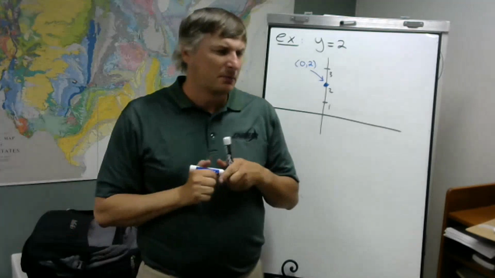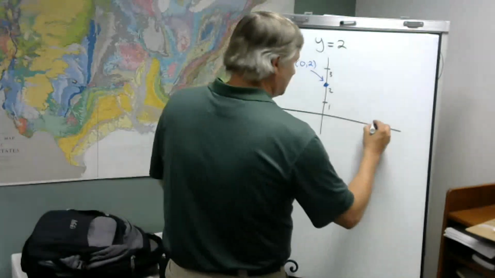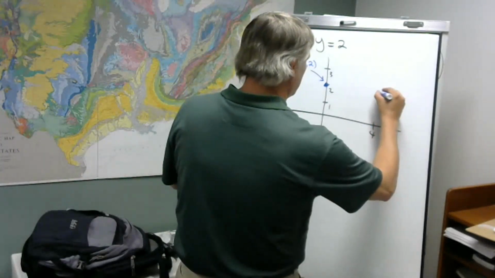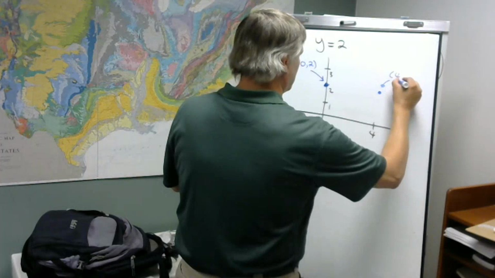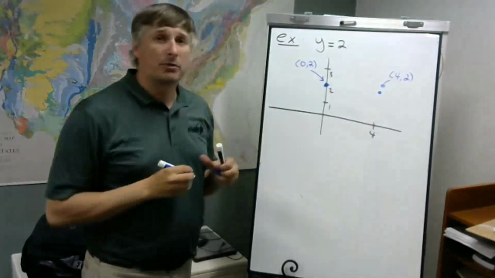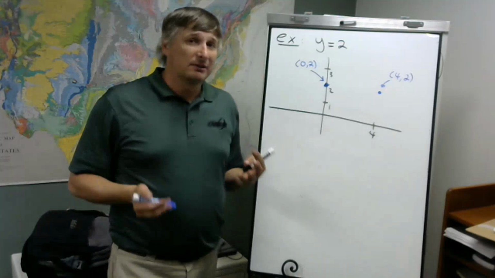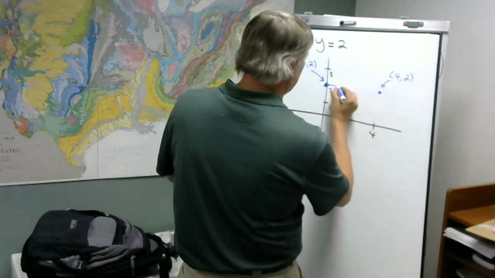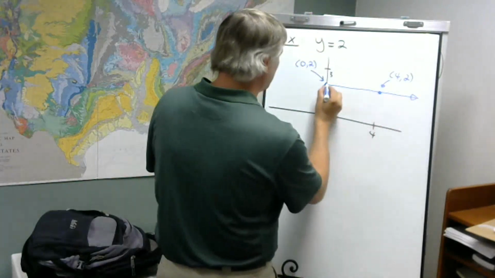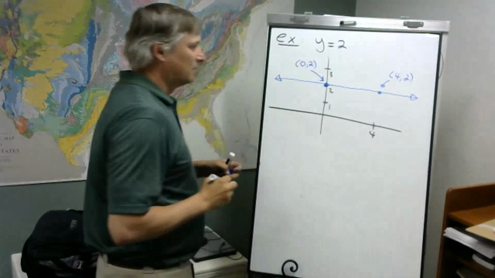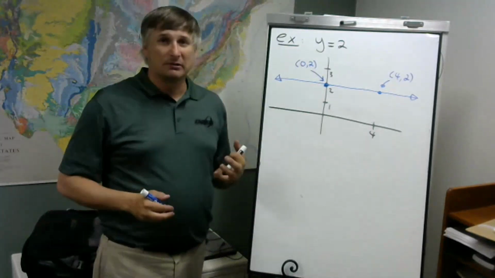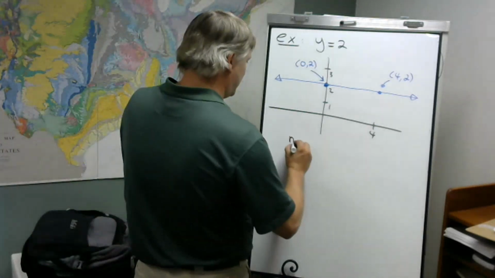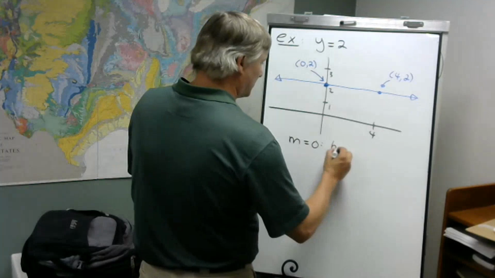Now, what's another point with a y-coordinate 2? Well, let's say we choose 4 for x, 4, comma 2. That's another point with a y-coordinate of 2. And remember, for a line, you just need 2 points. We have 2 points, so let's connect these points. That'll give us the orientation of our line. And there it is, a horizontal line. So another thing to take away from this, a slope of m equals 0, that's a horizontal line.